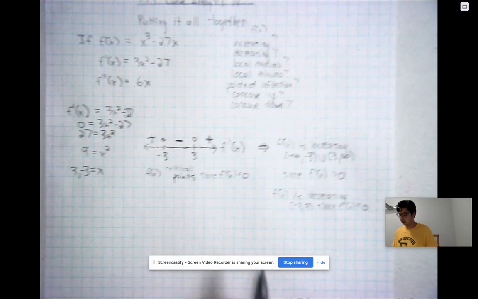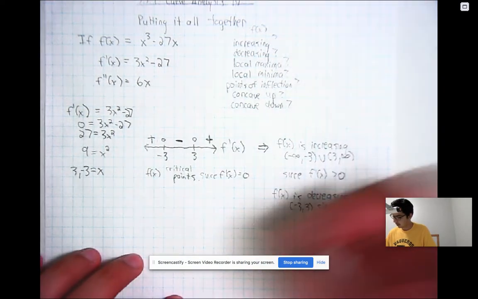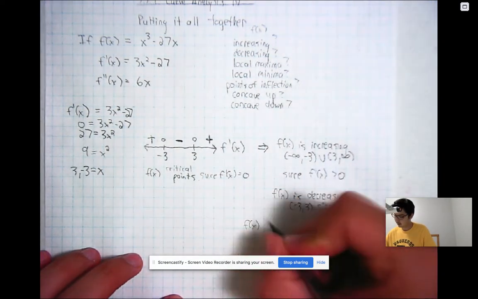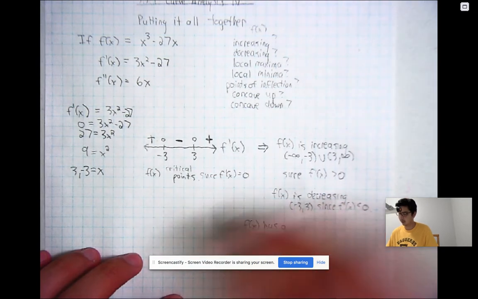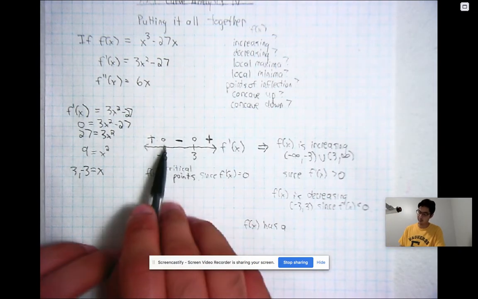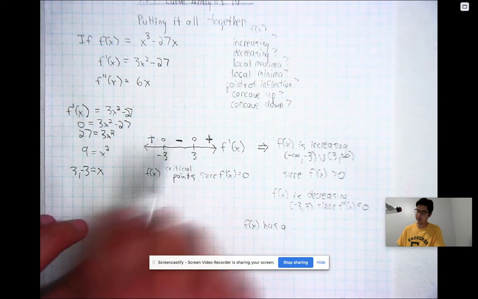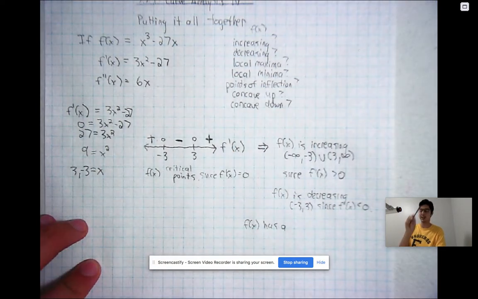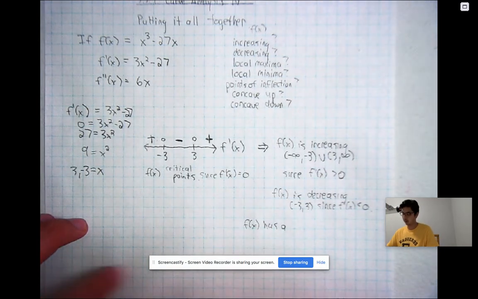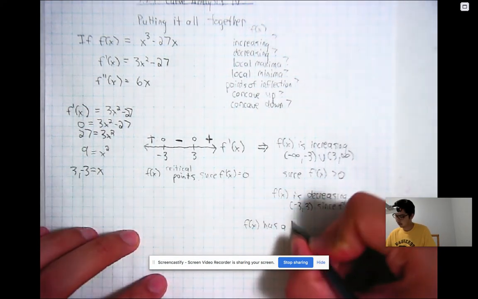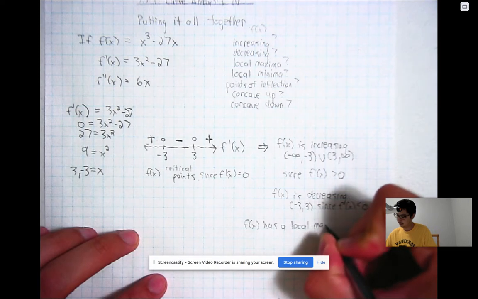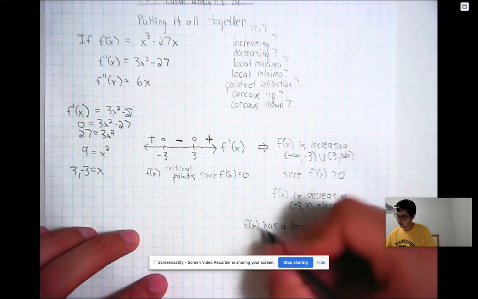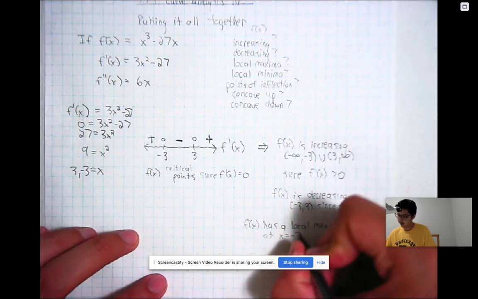At negative 3, the slope function is going from positive to negative. It has a positive slope, and then it's becoming negative. So that's a local maximum. So f of x has a local maximum at x = negative 3.